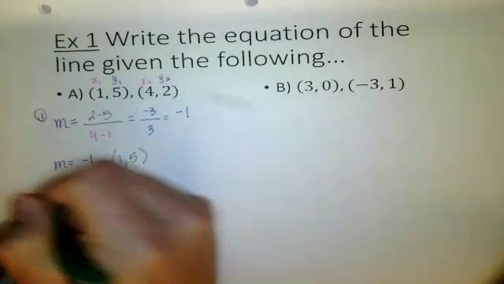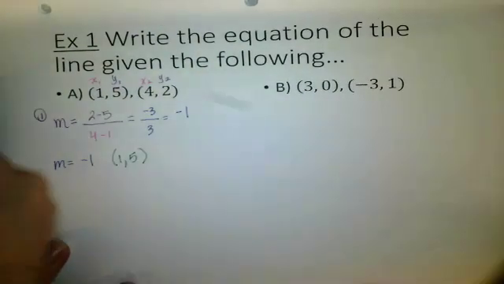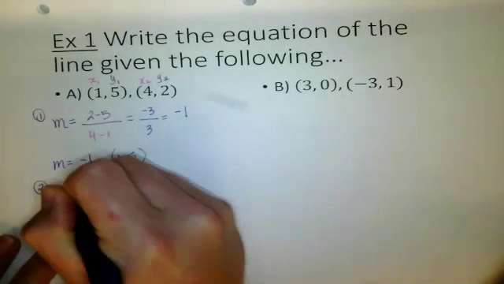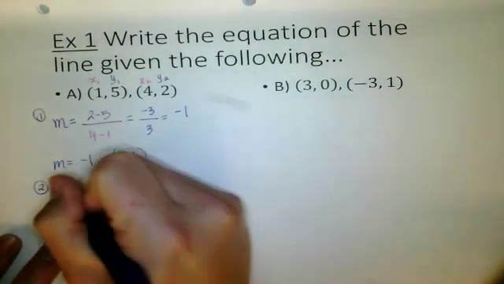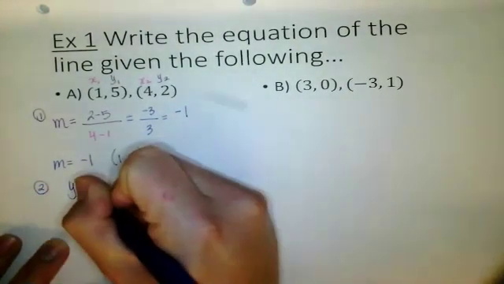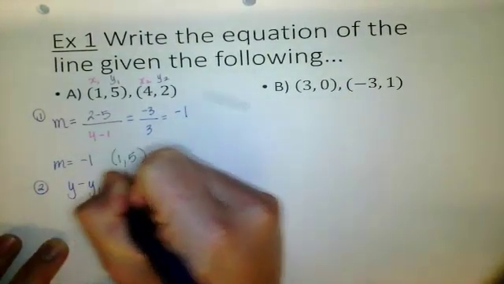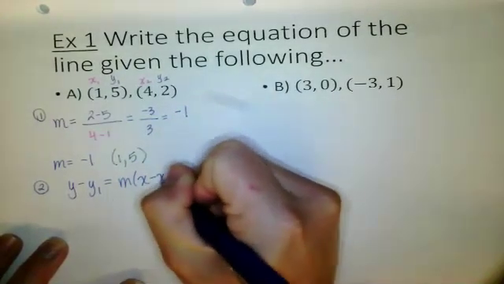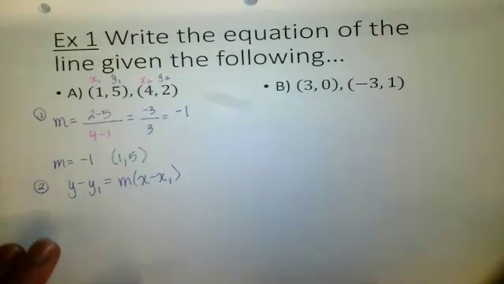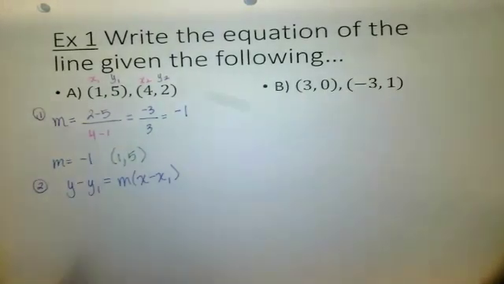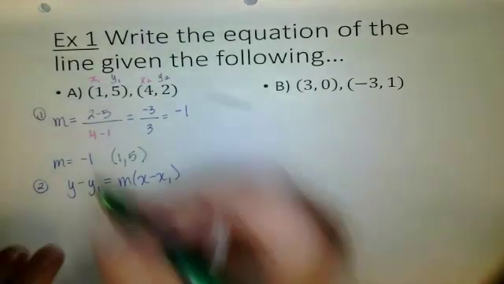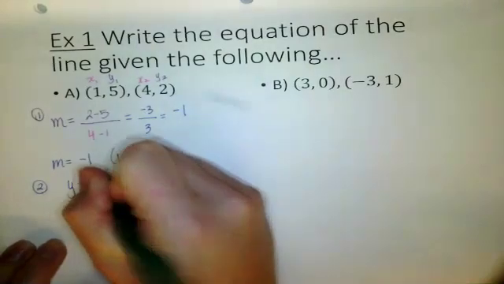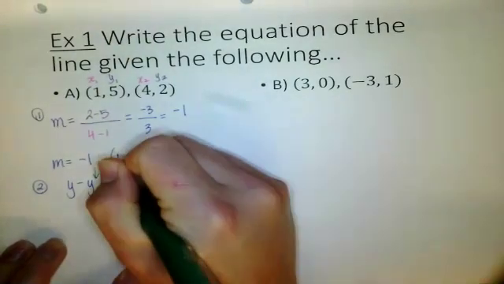And then the second step is to plug in to our point slope formula. What is our point slope formula? Y minus y1 equals m times the quantity x minus x1. So this is our formula. And now we're going to plug in for the x1 and the y1 and the slope.